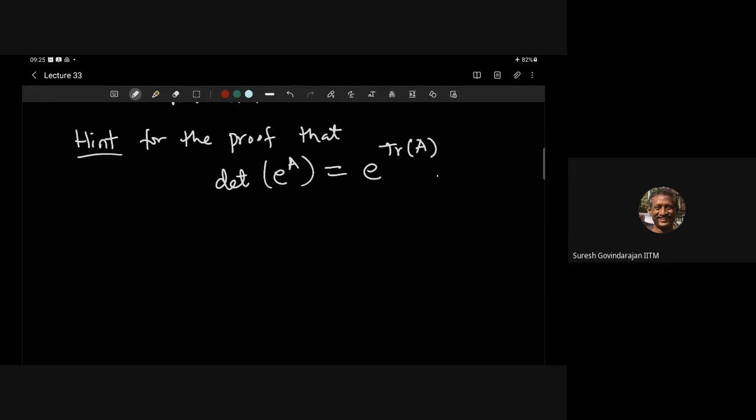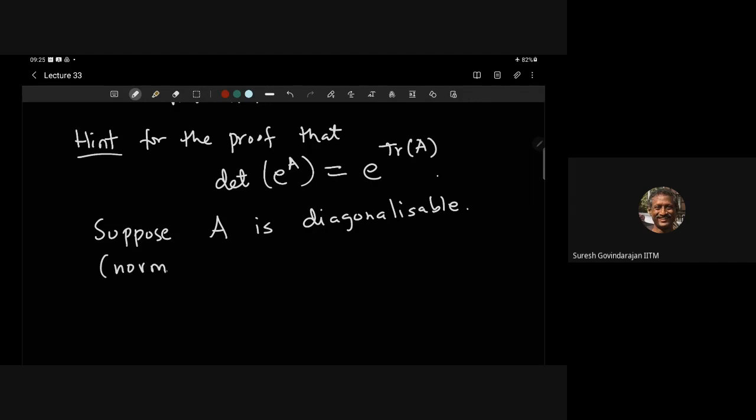So suppose A is diagonalizable. What does that mean? That means it's a normal matrix.